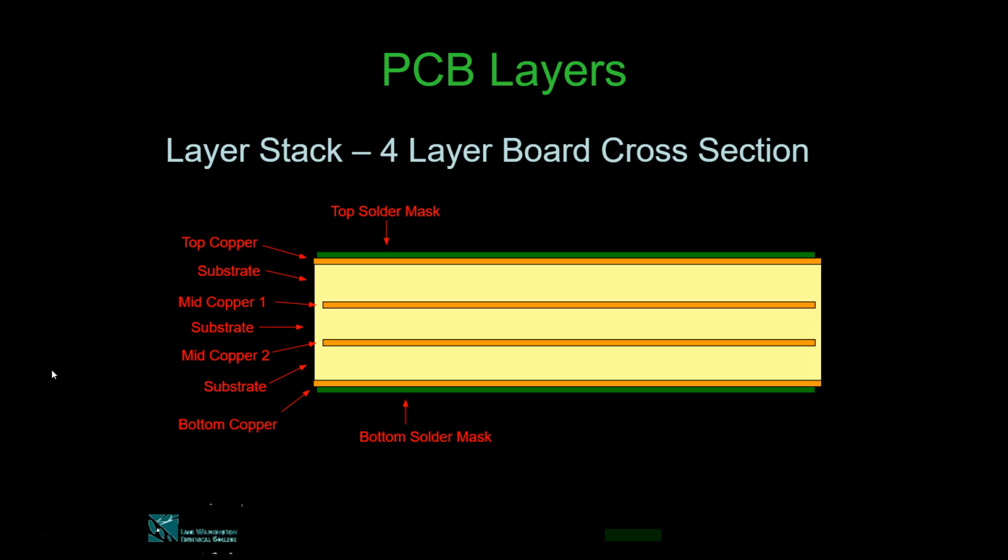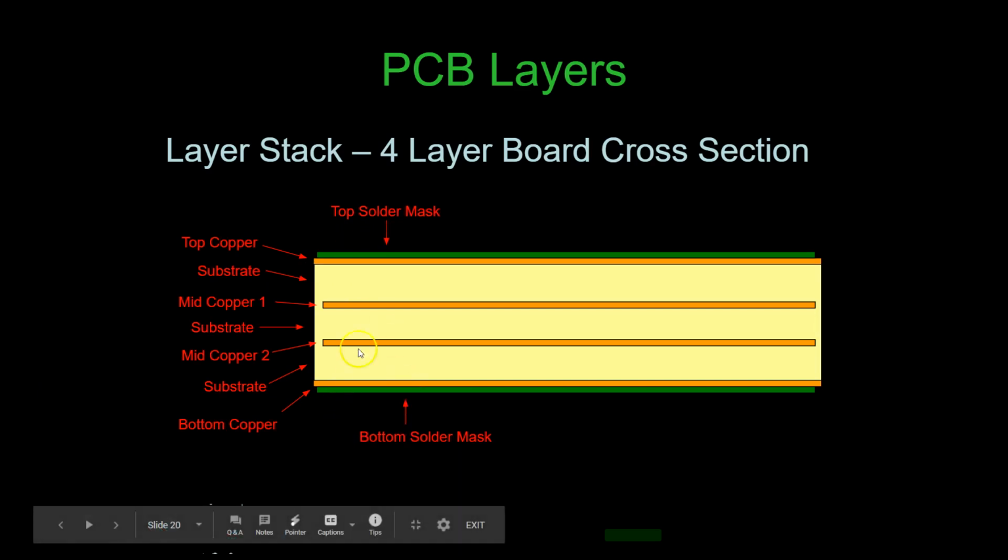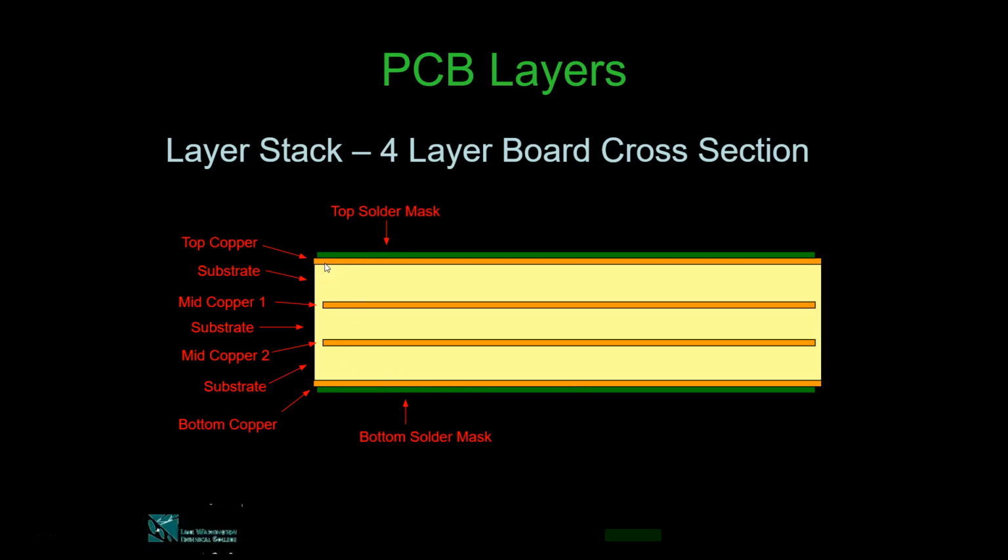Now comes the layer stack. So here it shows a 4-layer board cross section, and as you can see here, all these layers are mentioned. The top and the bottom layers are the solder mask, whereas the second layer is your top copper, and this light yellow portion is your substrate.